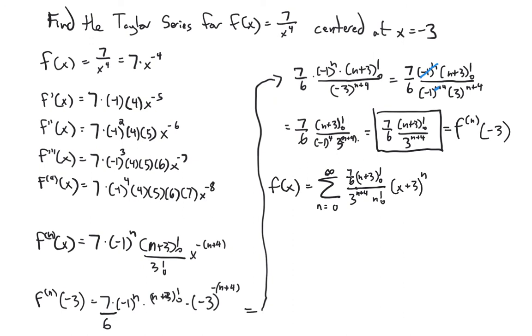And let's cancel out as much as we can and simplify as much as we can. So I notice, first of all, I have an n factorial in the denominator and an n plus 3 factorial in the numerator. So all but n plus 1, n plus 2, and n plus 3 are going to get canceled out here.